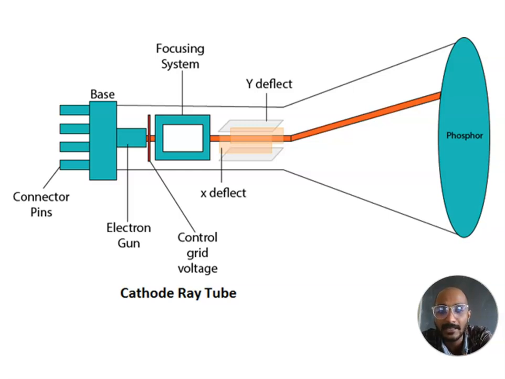This is the basic concept: when the electron hits the phosphorus coated screen, the phosphorus begins to glow, that is, begins giving light. The phosphorus molecules are heated by that electron and start glowing, and that's why we are able to see the pictures and video on the screen.